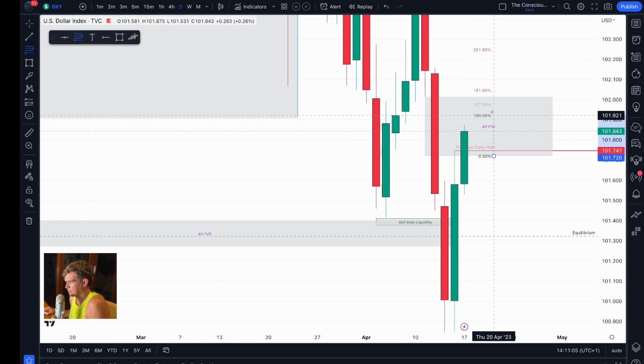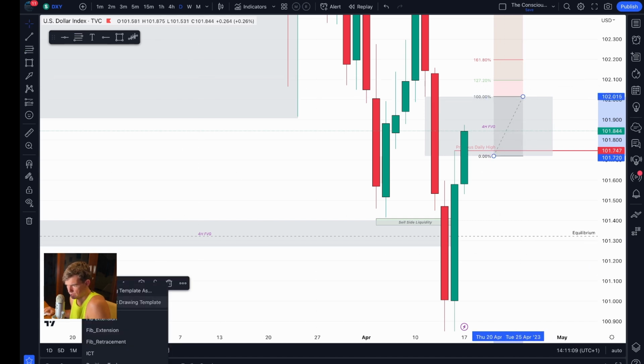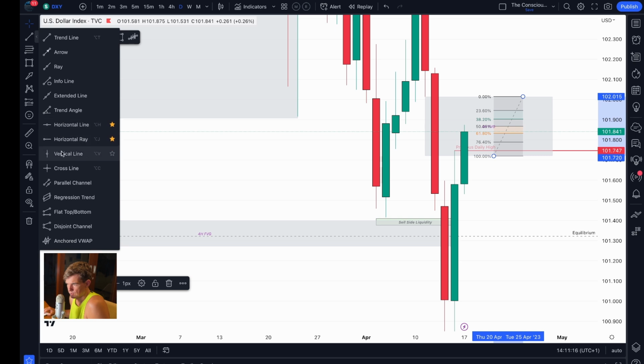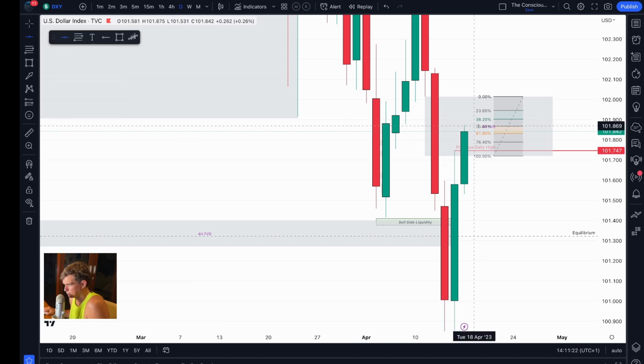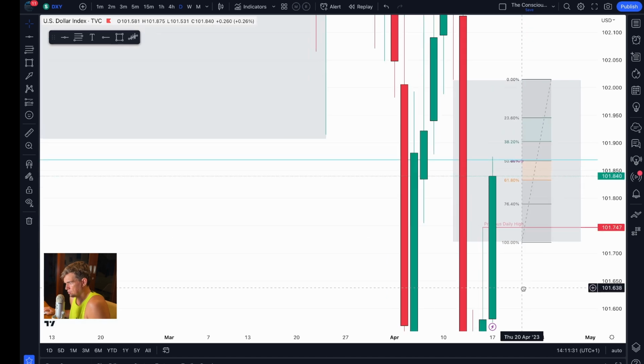If we add that 50%, and we'll change that fib so we've got a number of the 50, we're going to see a horizontal line at the price, and if I change that color, the price is trending down at the 50% level.